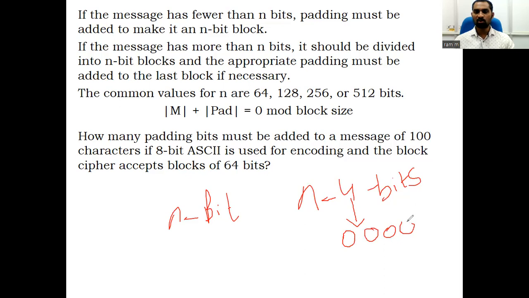If I add zeros to the data, it will not affect the existing data. Now, n minus 4 plus 4 bits, this data becomes n-bit data. So I can easily supply this n-bit data to the block cipher. This is the situation when we have data less than n bits.